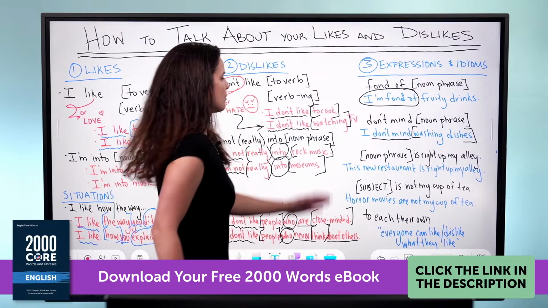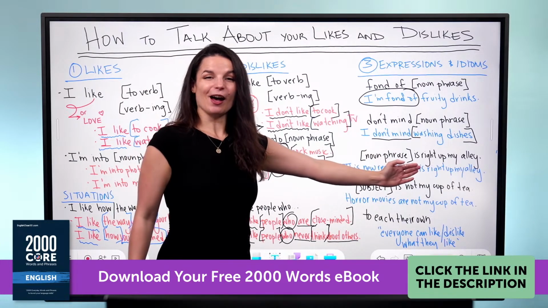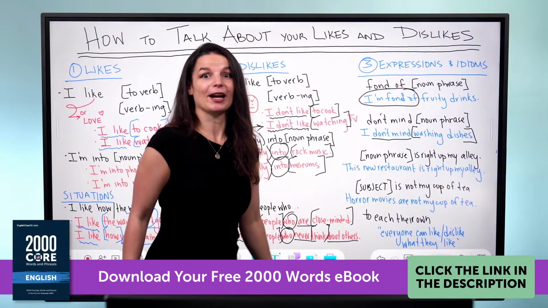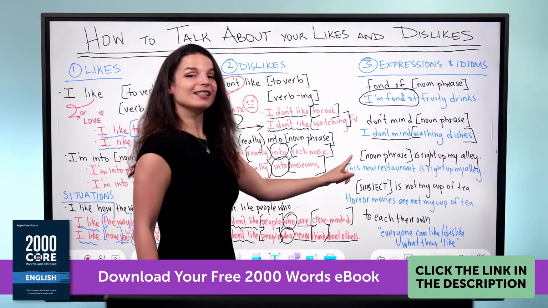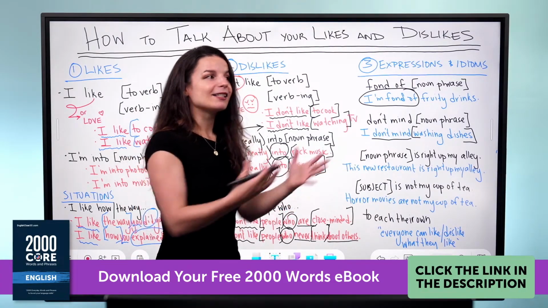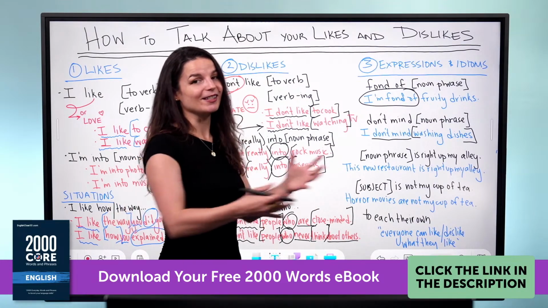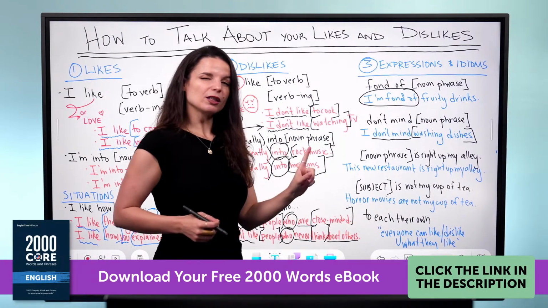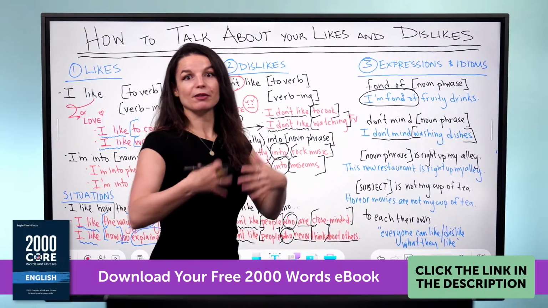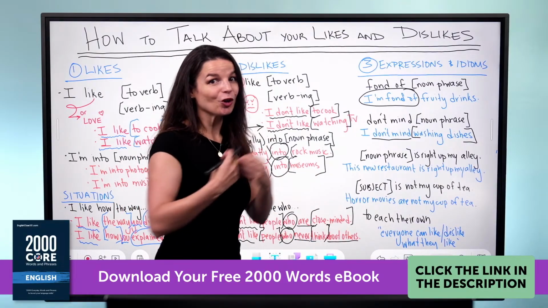Okay, next one. Noun phrase is right up my alley. This means this thing seems like something I enjoy, or it's very similar to something I like. We use this phrase a lot when we find something new that seems good for us.